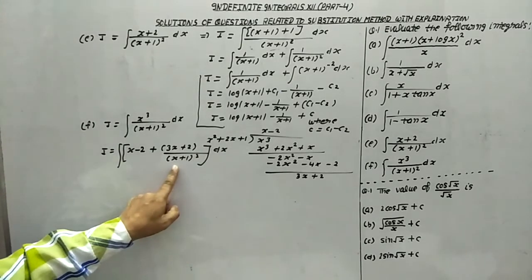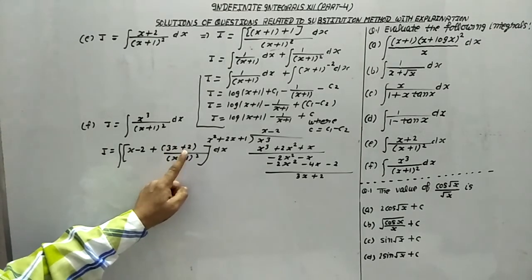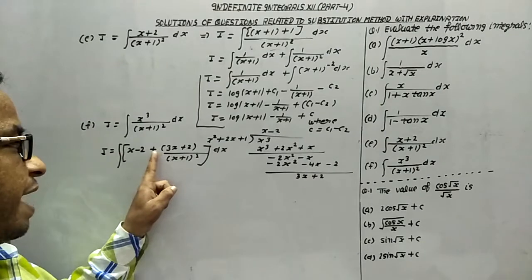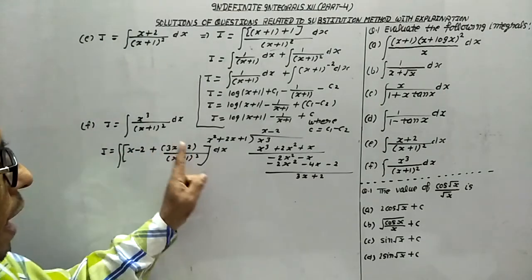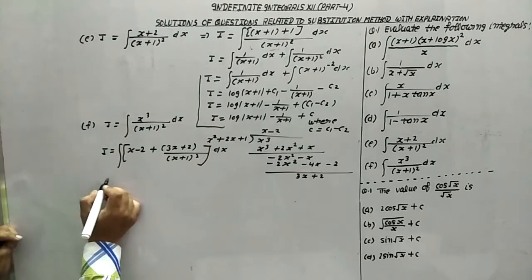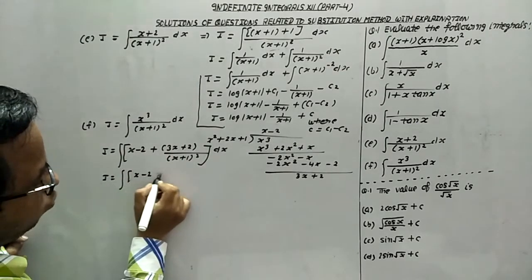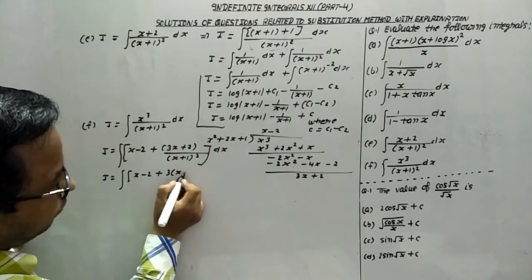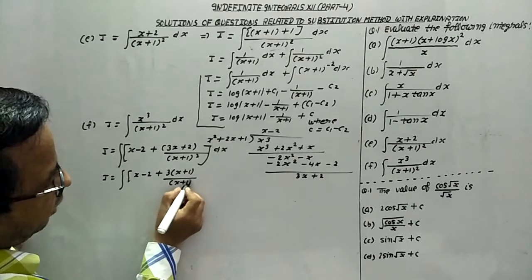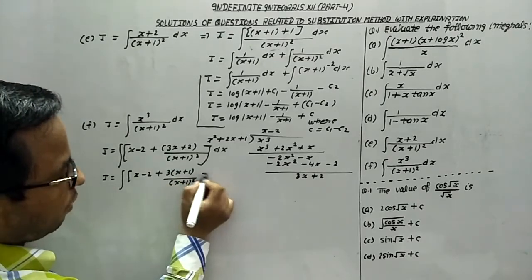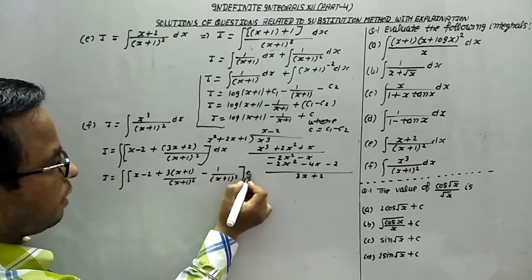Now look at this. In the denominator we have x plus 1, so for this we will make the numerator x plus 1. For 3x, by the normal rule, we will make it 3 so that we can take 3 common, so add 1 and subtract 1. So I is equal to the integration of x minus 2 plus 3 into (x plus 1), we are adding 1 and making it separate, upon (x plus 1) whole square, subtracting 1, minus 1 upon (x plus 1) whole square, dx.